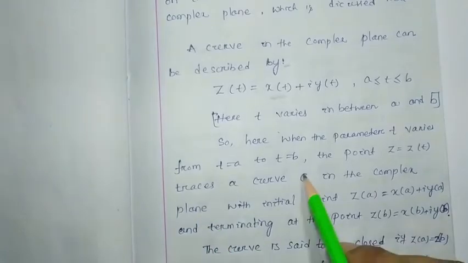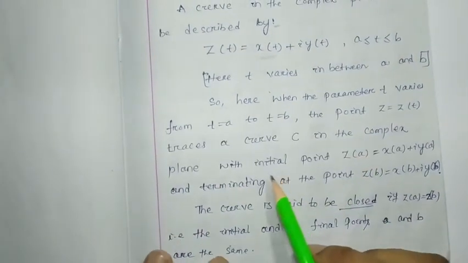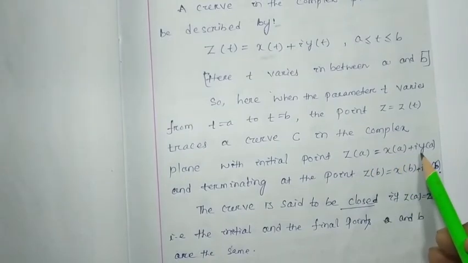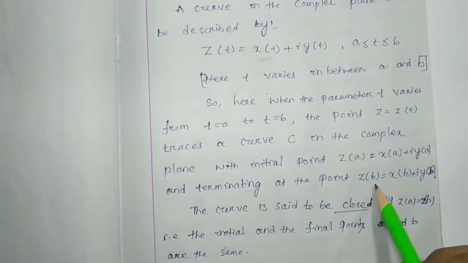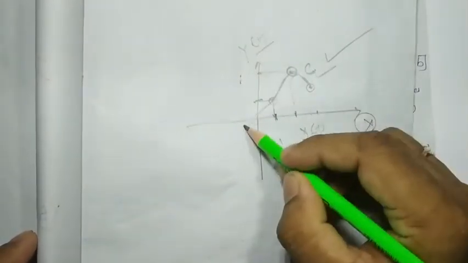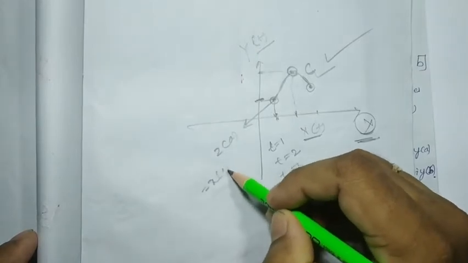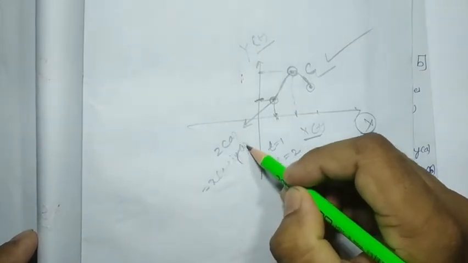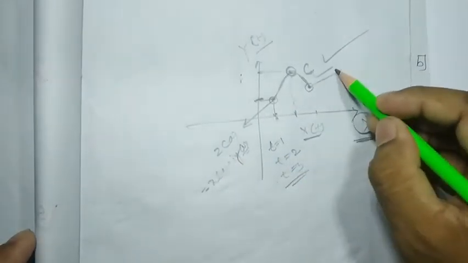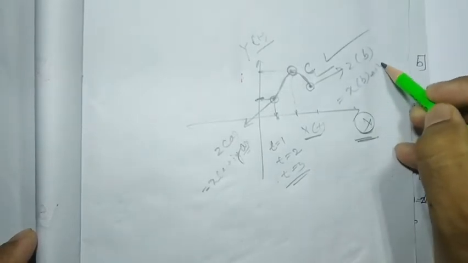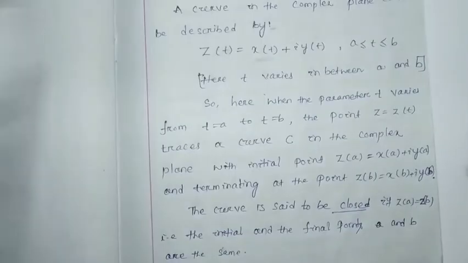So it traces a curve C in the complex plane with initial point z a equal to x a plus i y a, terminating at the point z b. So this point called z a can be written as x a plus i y a, and this point named z b is nothing but x b plus i y b.